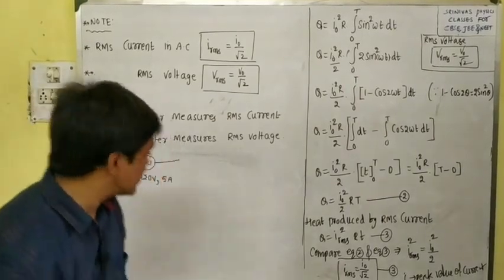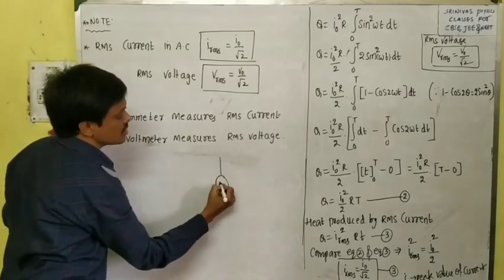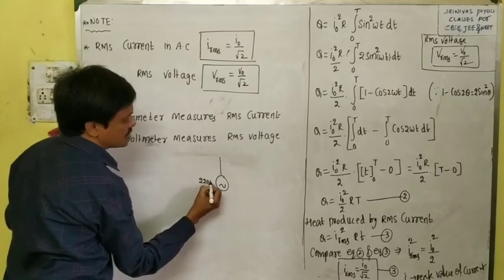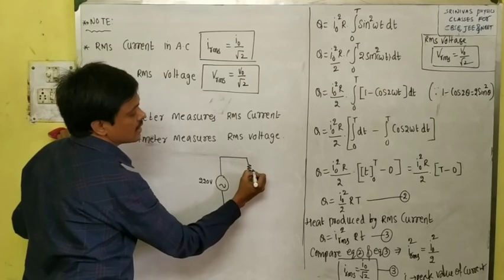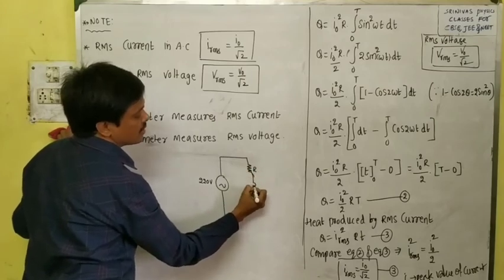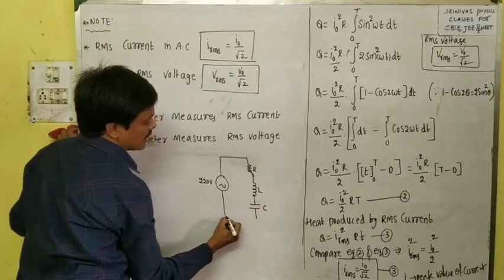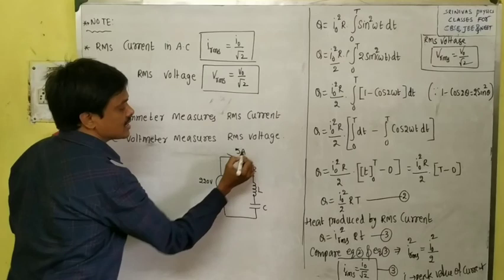Then this is some resistor, this is some inductor, and this is some capacitor, with the AC source, and some current is passing, that is 5 amperes.